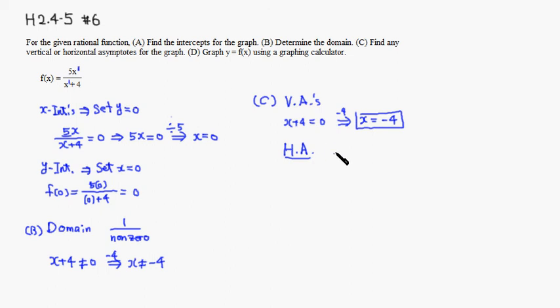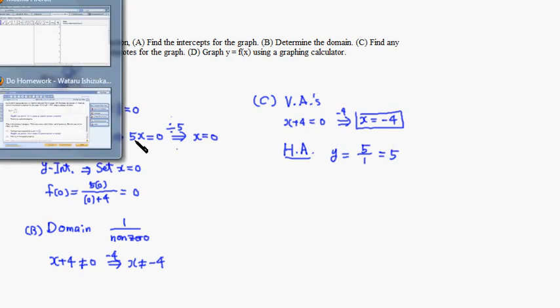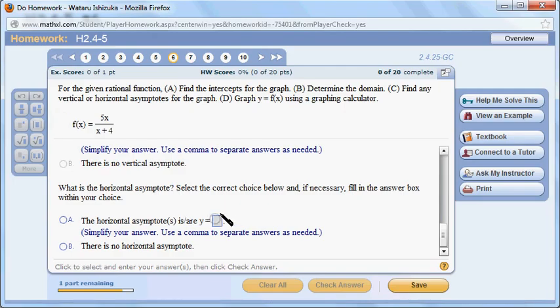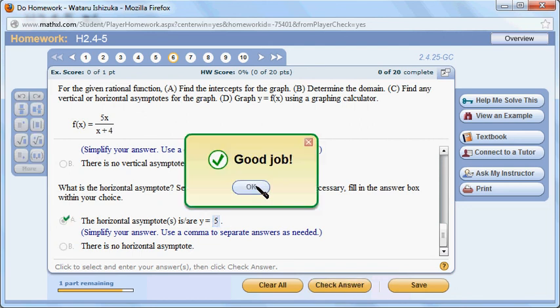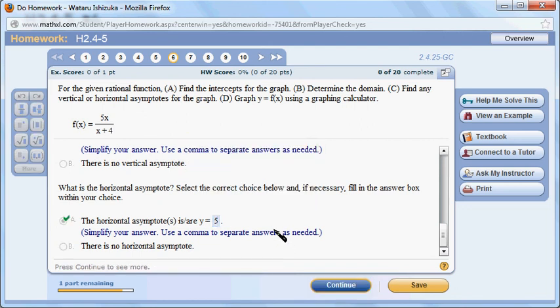So it's going to be y equals the leading coefficient 5 on top, and the leading coefficient on the bottom is actually 1. So y equals 5 is the equation of the horizontal asymptote. Let's put that in. y equals 5. Then check the answer. All right, got that. Continue.